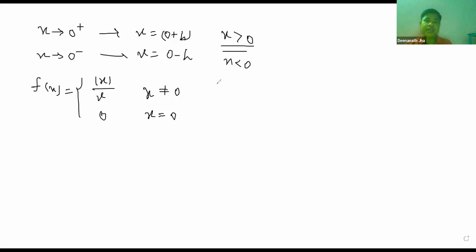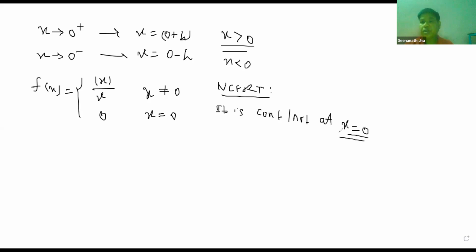This is an NCERT question, and you have to show whether it is continuous or not at x equal to 0. Can you solve it? Take 2 minutes.